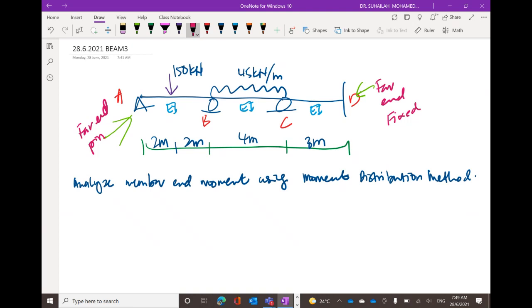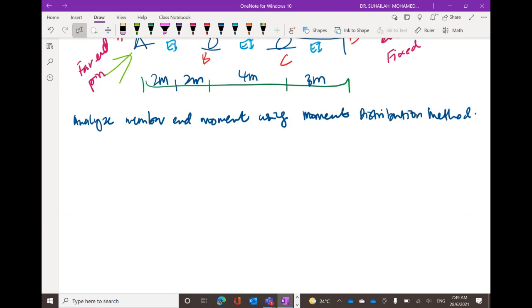As usual, in order to analyze the beam using the moment distribution method, step number one, we will start by calculating the K value, K for each element or member.